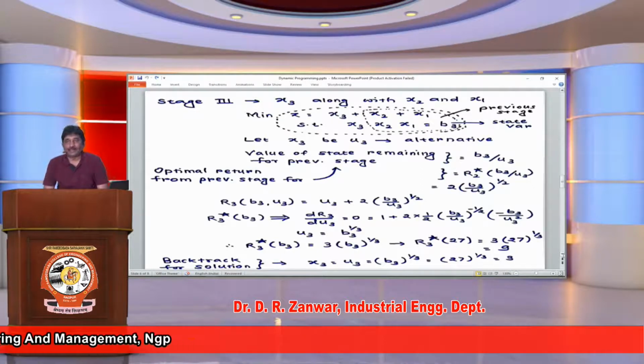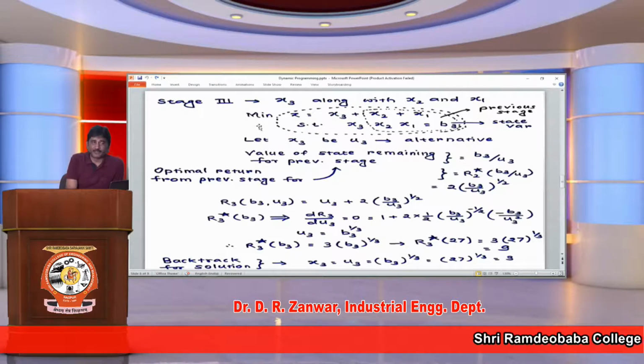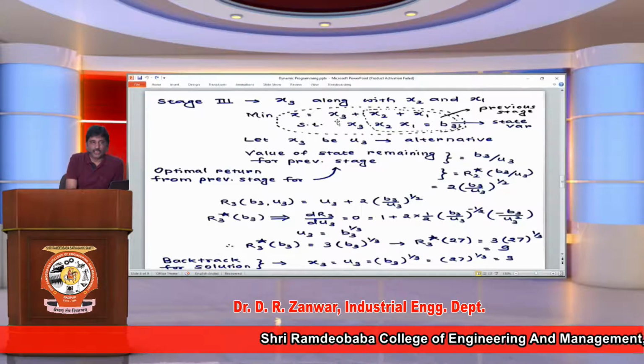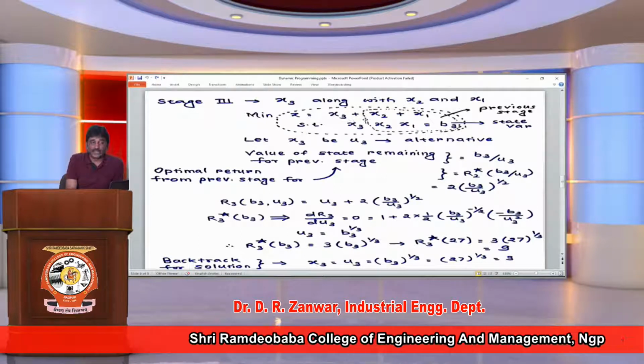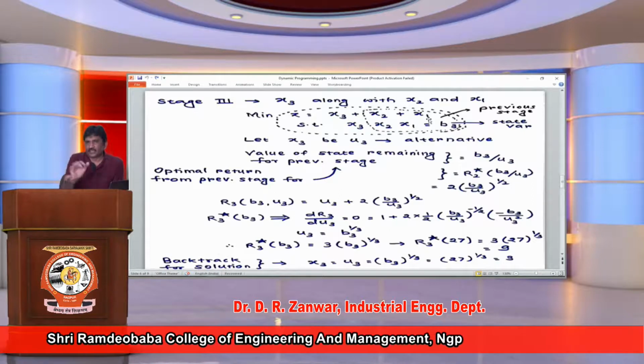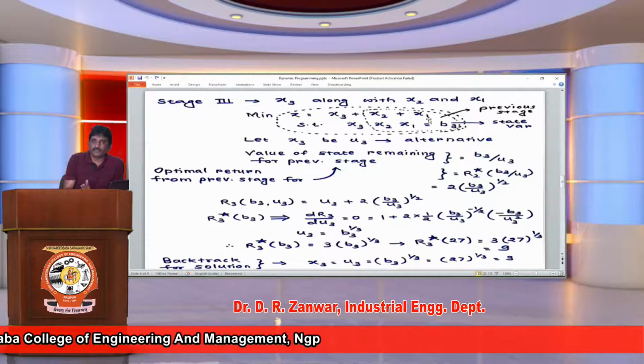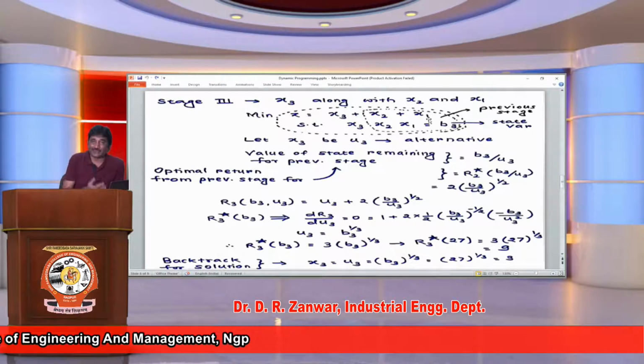Now the variable x3 along with x2 and x1, this x2 and x1 we have dealt with in the previous stage, the second stage. Our problem now becomes z equal to x3 plus x2 plus x1, everything written in the reversed way, the way in which we have dealt with the variables.